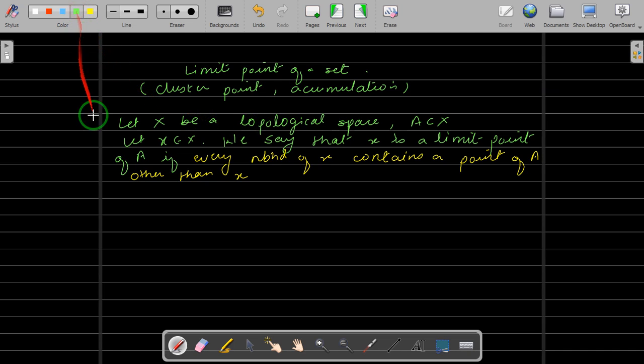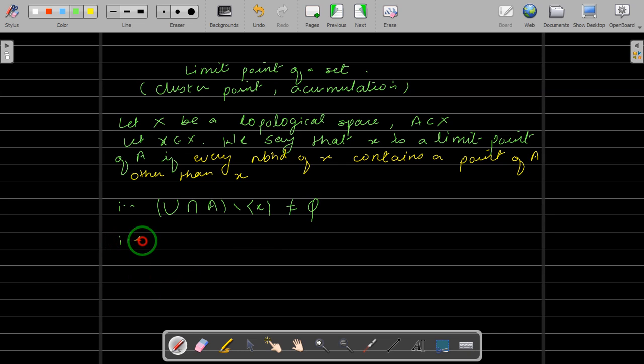Now if you want to put this in a notation, if you take any neighborhood U of x and take the intersection of it with A, and then you remove the point x, this has a point of A other than x, so this has to be non-empty.